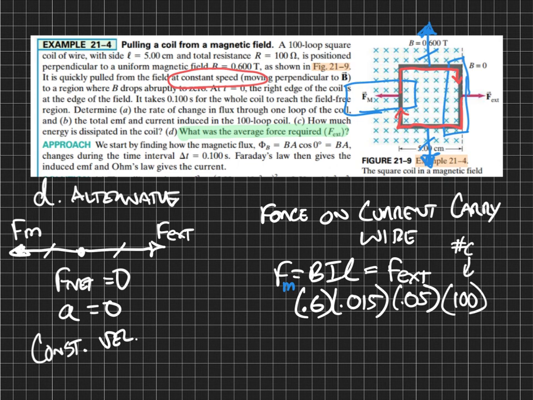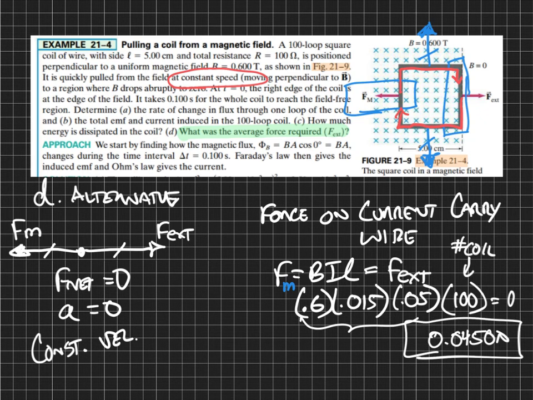So this is my number of coils. If I just had one coil, it would just be BIL, but because we have 100, we multiply by 100 as well. And with that, we get 0.0450 newtons. What we can see is that this value is the exact same value that we got previously, showing that both of those methods give us a correct result for that external force.